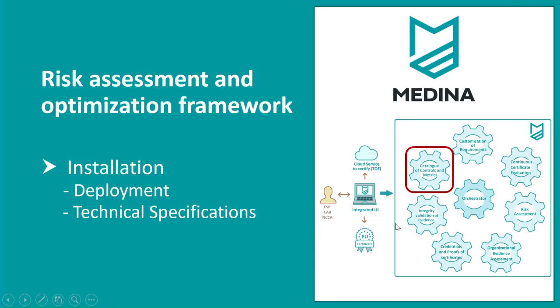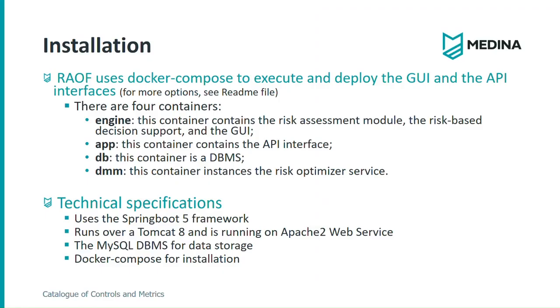Now, a couple of finalizing comments. First, about installation of our component. RAOF is implemented as a Docker component, actually a composition of several Docker components, and it is required to use Docker Compose to execute and deploy the graphical user interface, API, and the rest. There are actually 4 containers.